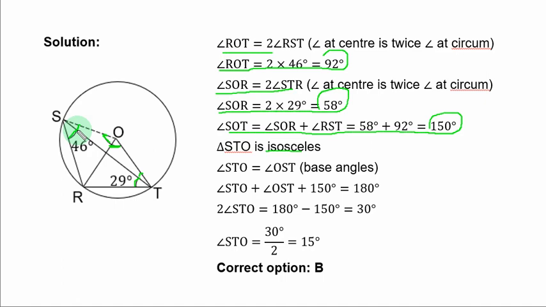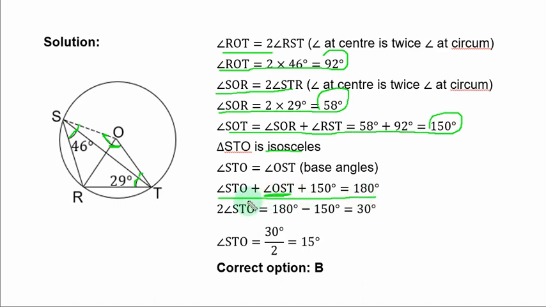So if you add the three angles in triangle STO, you have angle STO plus angle OST plus angle 150 degrees equal to 180 degrees. Since we are interested in STO, let's represent this with STO.